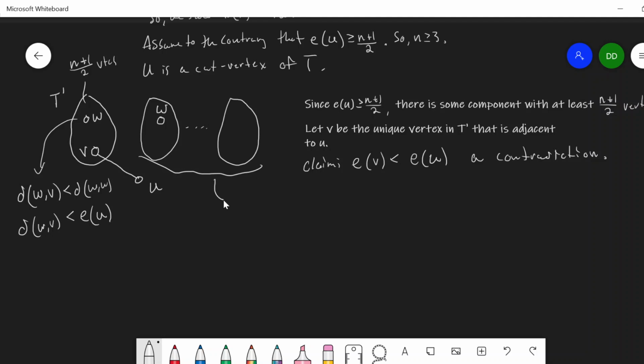So in the rest of the graph, there are at most (n minus 3)/2 vertices in the rest of it. (n minus 3)/2 plus (n plus 1)/2 gives me (n minus 2)/2 plus the extra 1. That gives me n.